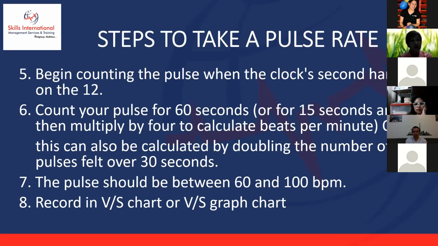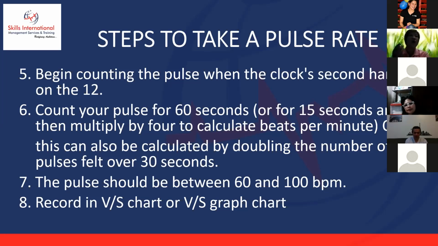So what you need to do is count it in 15 seconds, multiply it by 4 and it will come to 1 minute. For example, you count 10 in 15 seconds. Multiply it by 4. How much will it be in total? 10 times 4. 40.